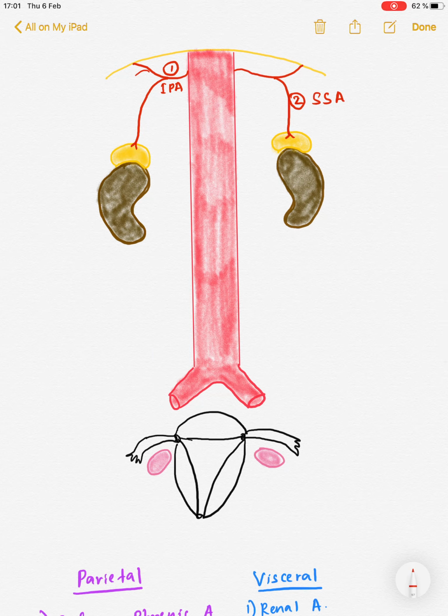And then we will have the renal arteries, giving blood supply to the kidneys. And these renal arteries, actually we know that there are 5 segments of the kidneys: the superior, inferior, anterior superior, anterior inferior, and the posterior segments.